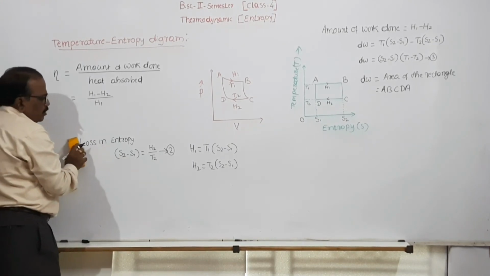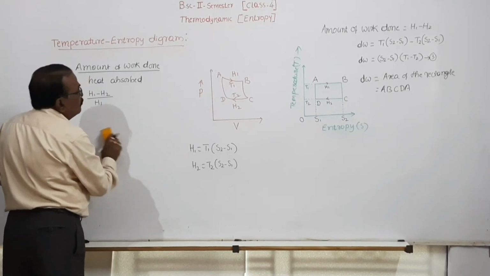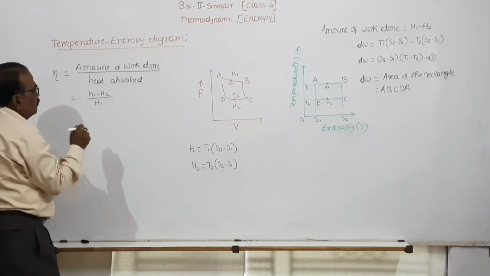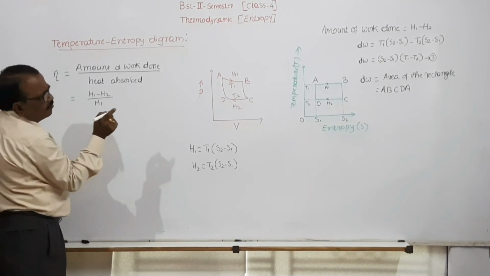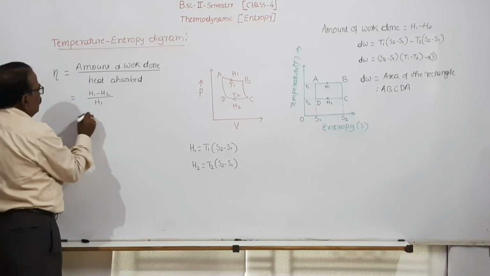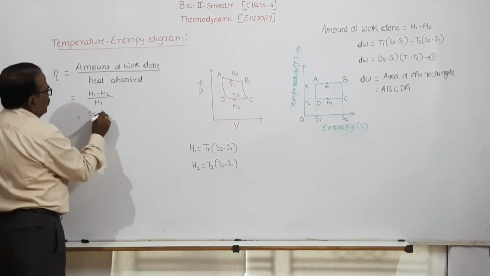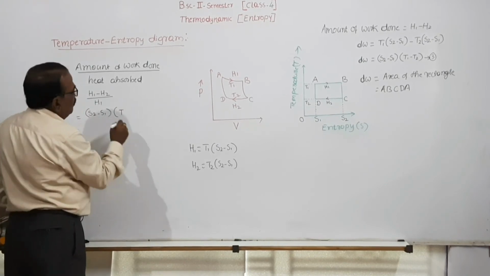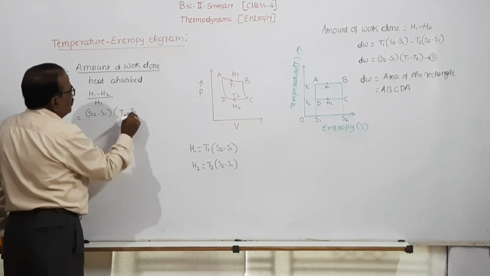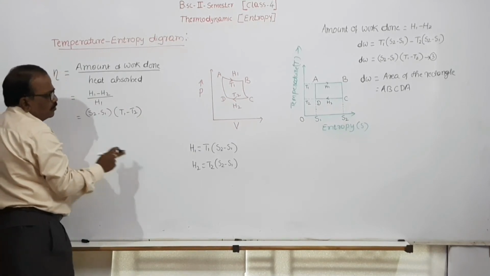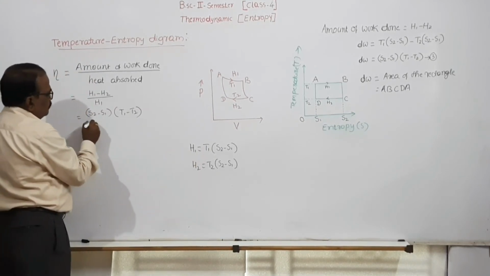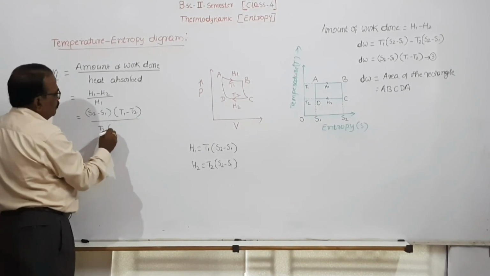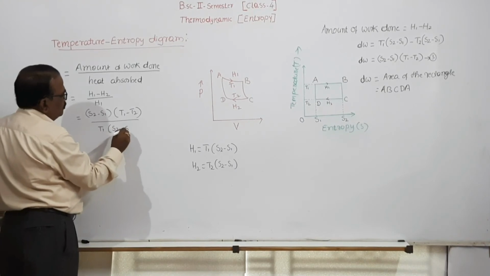Then your H1 minus H2 is S2 minus S1 into T1 minus T2. What is H1? H1 is T1 into S2 minus S1.